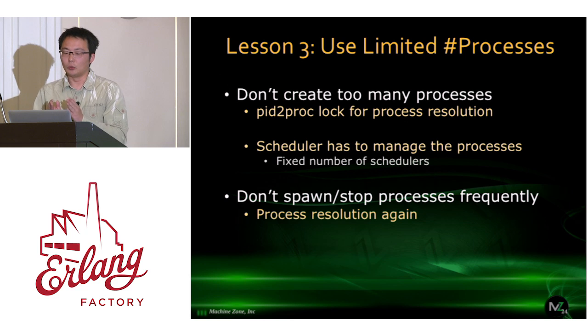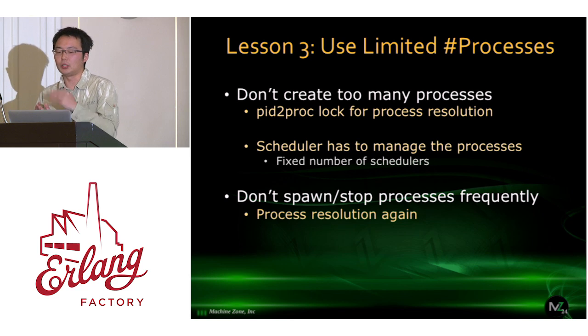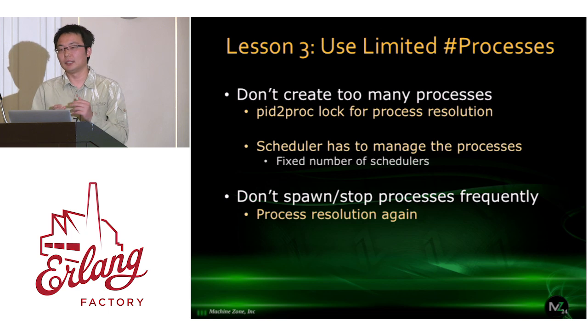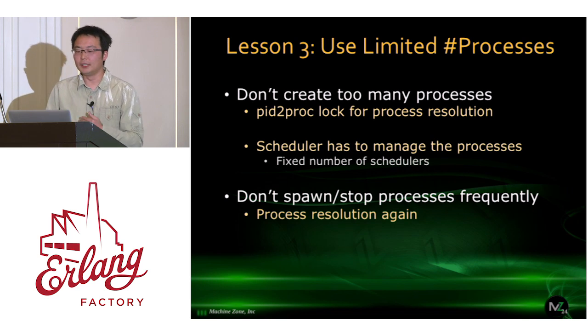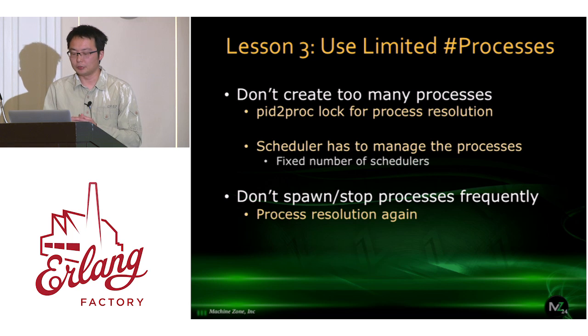At the end of the experiment, we destroy all the processes, and you observe a similar freeze in the Erlang VM, which results in a spike in latency. So what we did is we try to have a fixed number of processes, and we distribute all the work among those fixed number of processes.